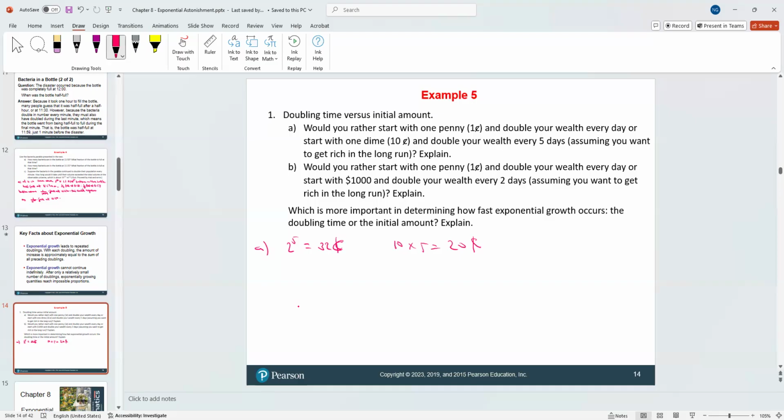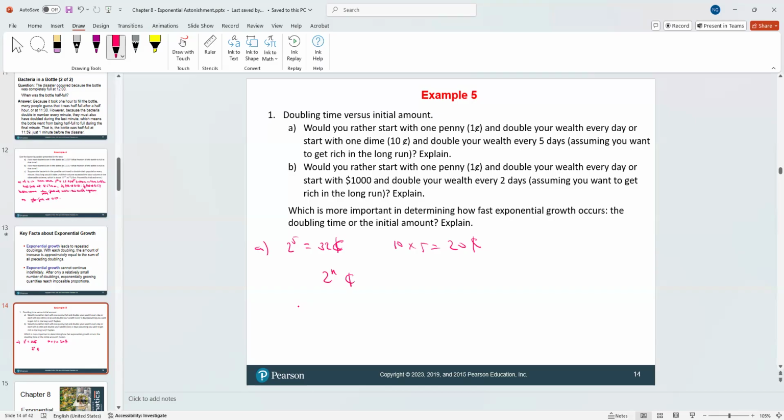Would you rather start with 1 penny and double your wealth every day, or start with $1,000 and double your wealth every 2 days? Again, the penny would grow, remember, 2 power n cents every day.